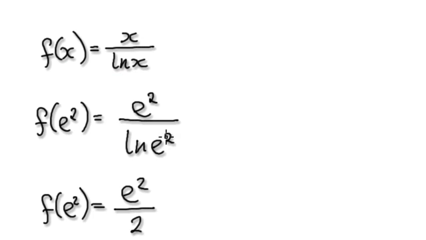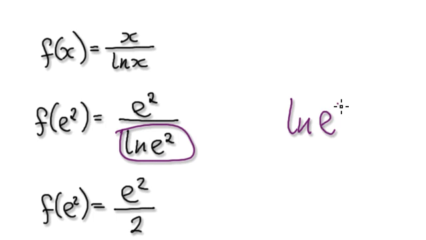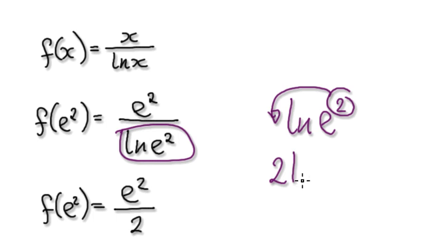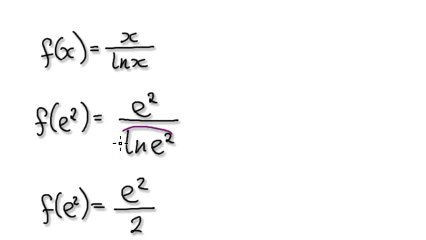So this thing here just becomes 2. You can, if you want to, visualize it like this. This 2 goes down here, so that becomes 2 natural log of e to the 1, if you like, and then this thing becomes a 2.